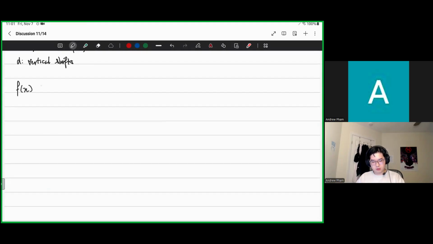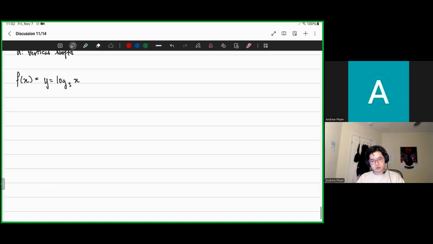So let's graph y is equal to log base 3 of x.